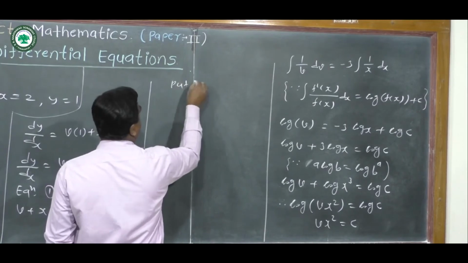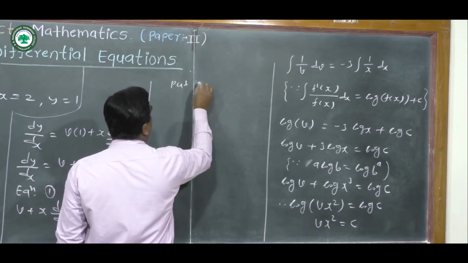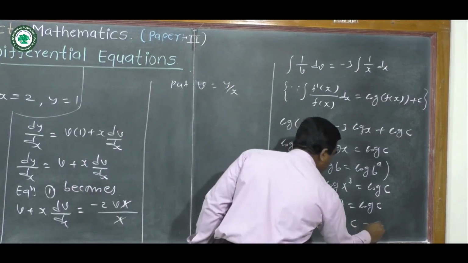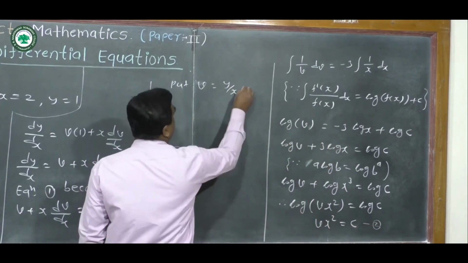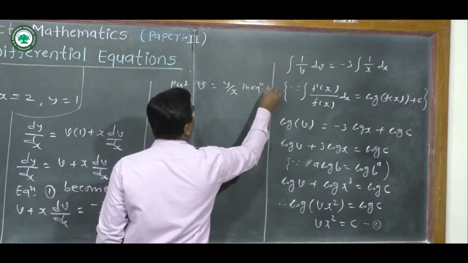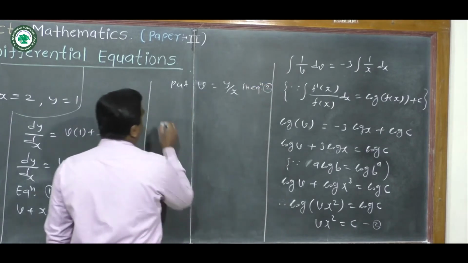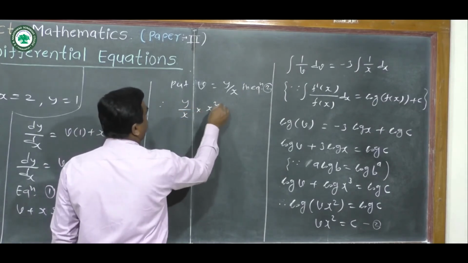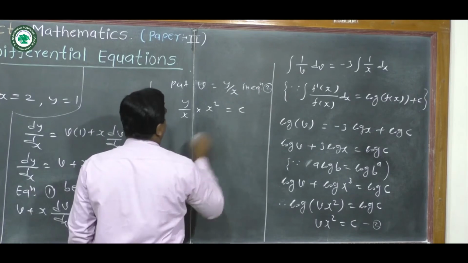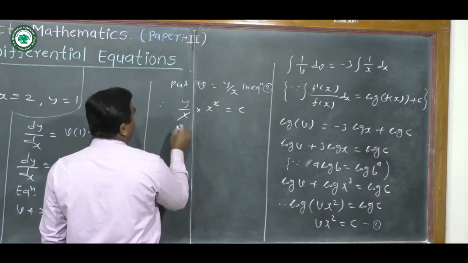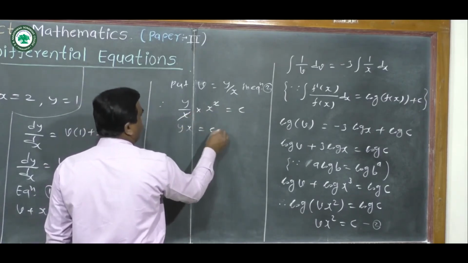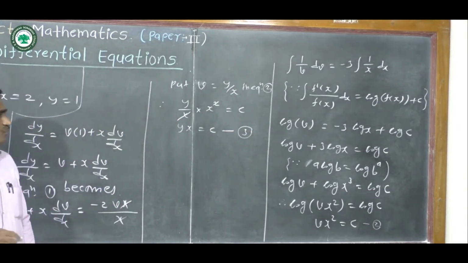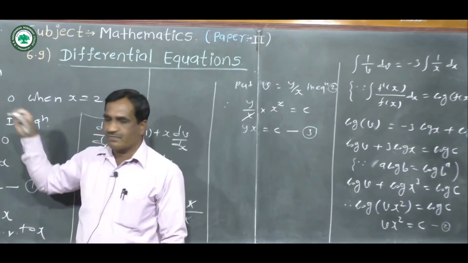Put v is equal to y upon x in equation 2. Therefore, y upon x into x cube is equal to c. Now here x cancels, remains only y into x square is equal to c. So this is equation number 3. This is the general solution for the given differential equation.